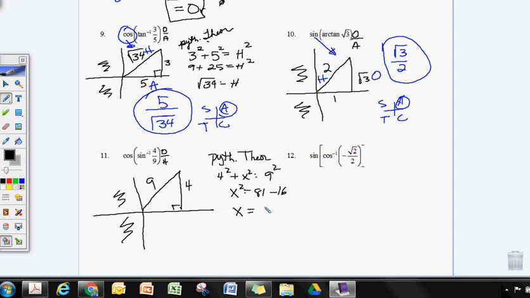X is going to equal the square root of 65. Okay, switching colors, now I'm going to take the cosine. Cosine stands for adjacent over hypotenuse. So my final answer is square root of 65 over 9. Again, I'm also thinking super trig class. Cosine is positive there. So that's my answer.